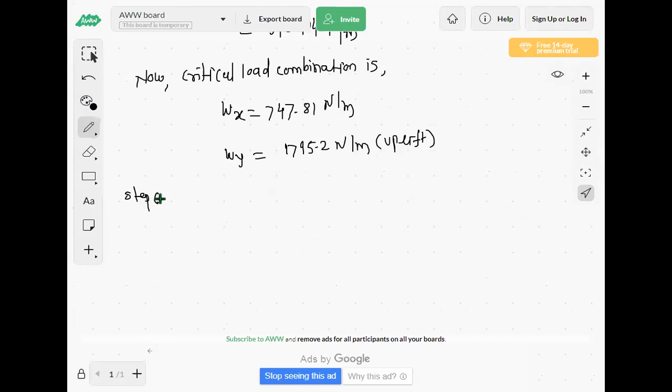Now step number 6 is to calculate biaxial moment. The first moment is Mx. So for Mx we have to calculate Wy L square by 10.